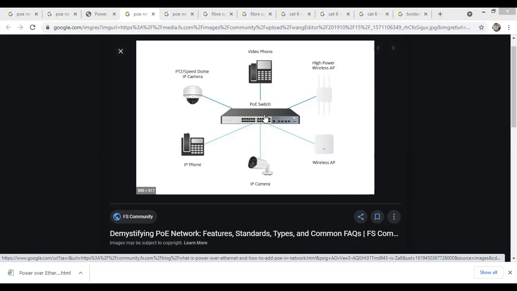Now, the blues and the browns are used for power. This is where this PoE switch will send the power through. That's the power that will power this PoE device.